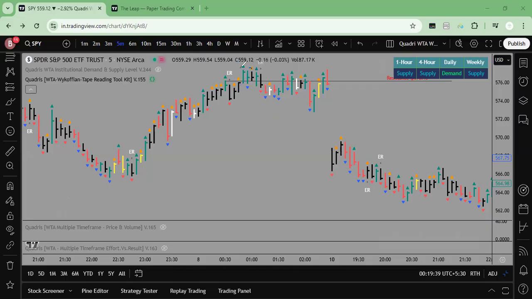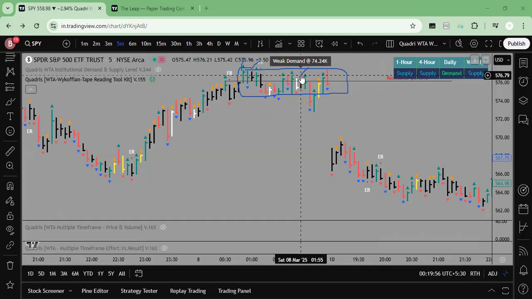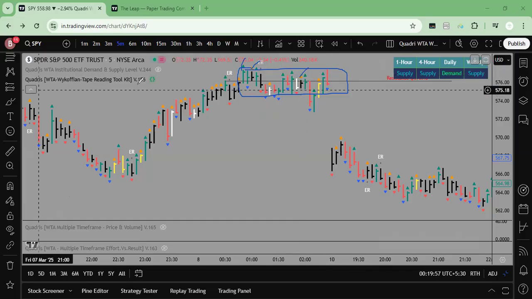So if I holistically view this particular price action, I come to the conclusion that whenever we are going upwards, we are immediately met with weak demand. Whenever the price is going upwards, that means we are facing weak demand. What does that mean? There is no ease of movement towards the upward side, and there is no price progression towards the upward side.